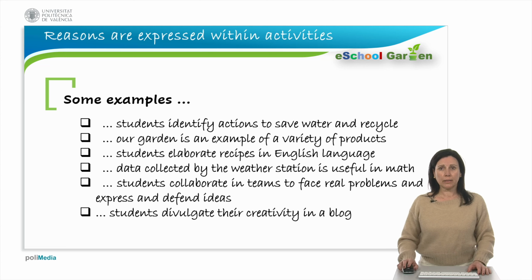Moreover, the garden is itself a source of information to learn by solving problems in science, technology, maths, or arts, among others. And finally, many methodologies can be implemented to work and improve personal and social skills, facing real problems to express and defend ideas, or digital skills by creating and divulging these ideas with digital tools and platforms.